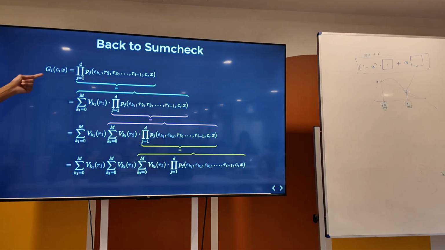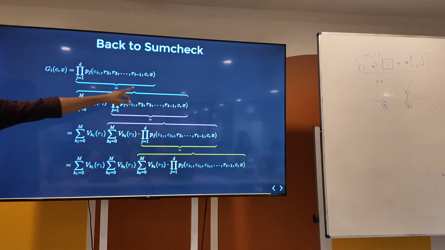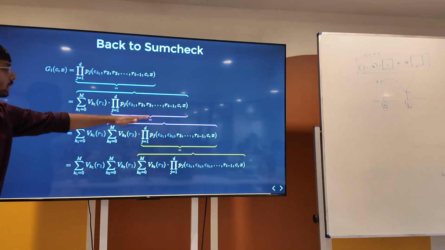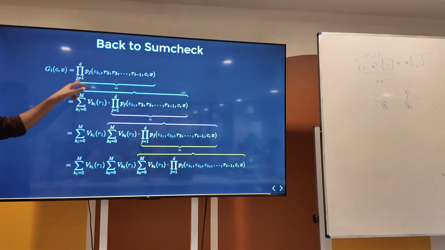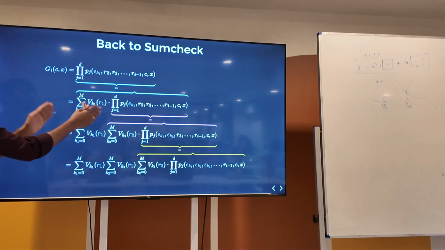So you start with the product of d polynomials. This blue part, you can simplify it, ignoring the bottom part, as a sum, and then inside you have the product. So you separate your challenge terms.